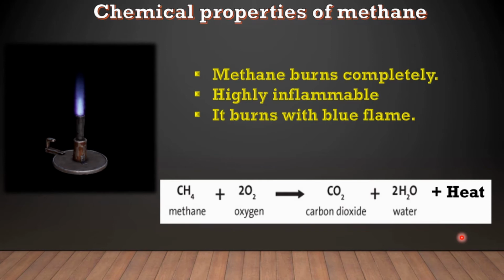Therefore, it is a combustion reaction since it involves the burning of fuel in molecular oxygen. In other words, as a lot of heat is liberated in this reaction, we can say this is also an exothermic reaction.